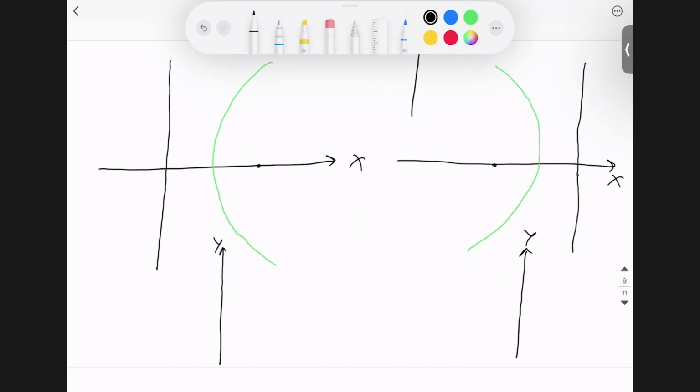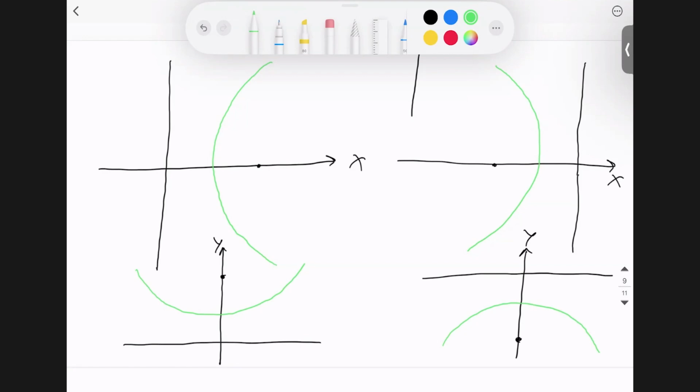So obviously the fixed point will be on the axis. Here this may be the case, and here this may be the case. So depending upon the fixed point and the directrix, in this case the curve will be like this, and in this case the curve will be like this.